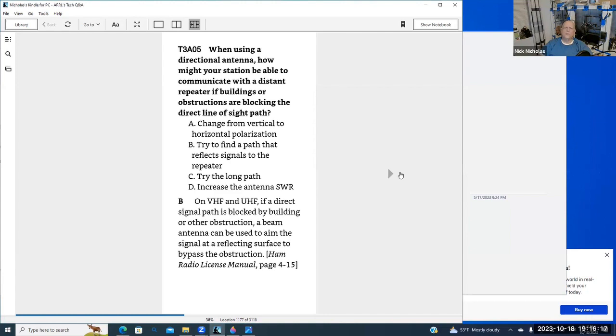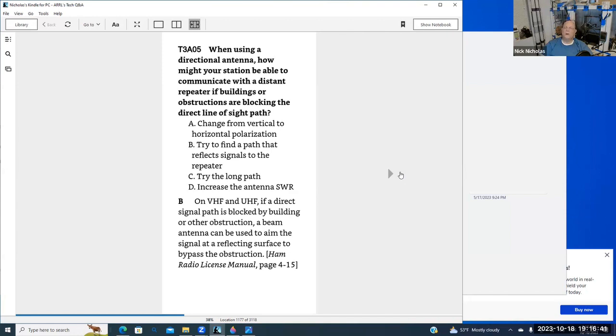T3A05, when using a directional antenna, how might your station be able to communicate with a distant repeater if buildings or obstructions are blocking the direct line of sight? Okay. The answer to this would be B. Try to find a path that reflects the signal to the repeater. It is not impossible to bounce off of a building.